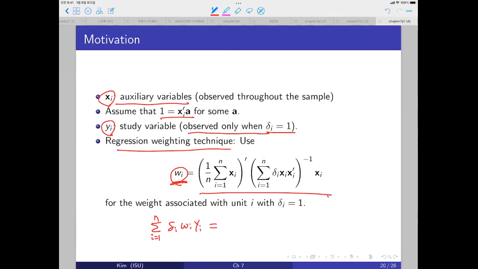Remember, if you use this, you can write it essentially as x prime beta hat r, where beta hat r is the regression coefficient using delta equal to 1, and then you just have a regression imputation.